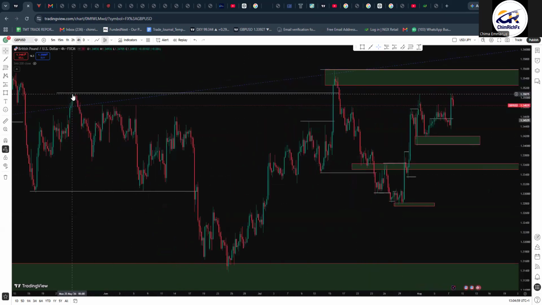Because price took out this high, then we have this as a low. So we have this as swing low for now, and then we have this as the higher low.